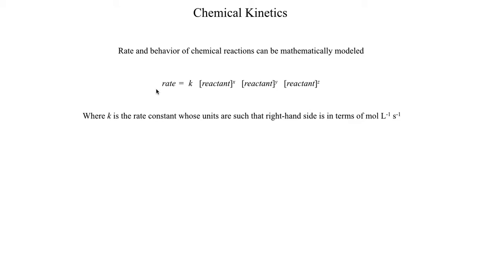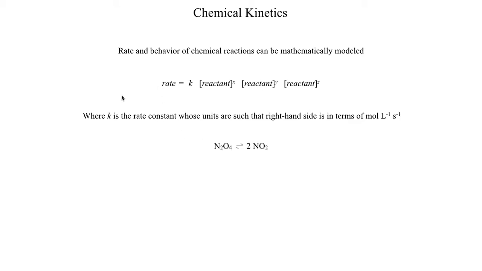In the previous lecture, we introduced the concept of molarity, which is concentration per unit volume, or how many molecules of a compound you have per unit volume. So you can sort of think of this equation as being the rate that the molarity changes, the change in molarity with time, and that's how you can mathematically model how the chemical reaction is proceeding.